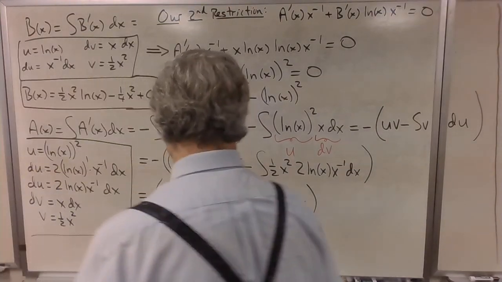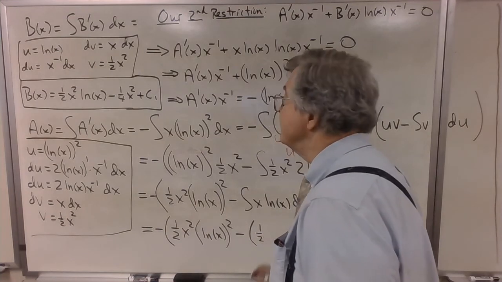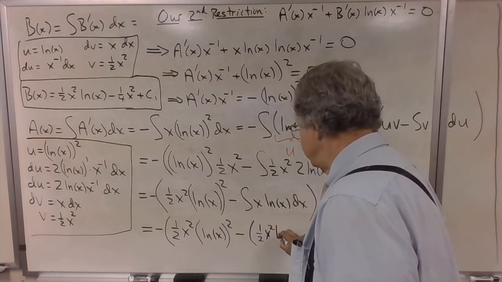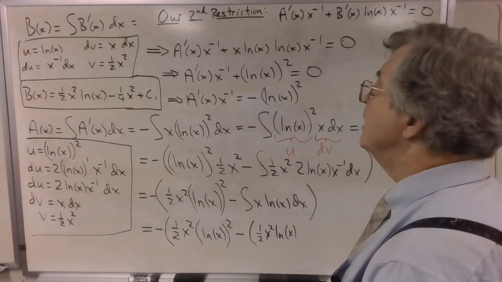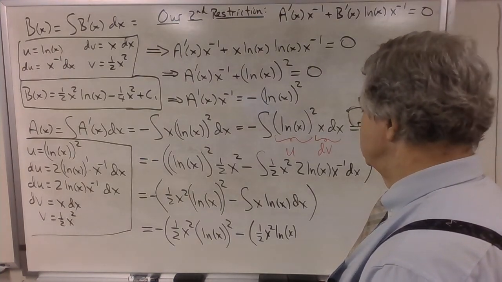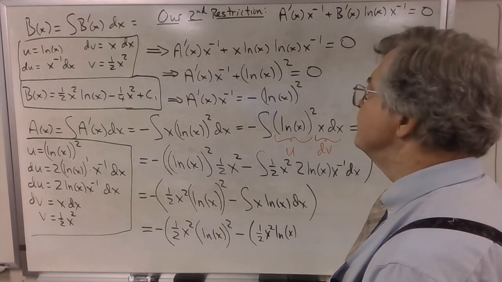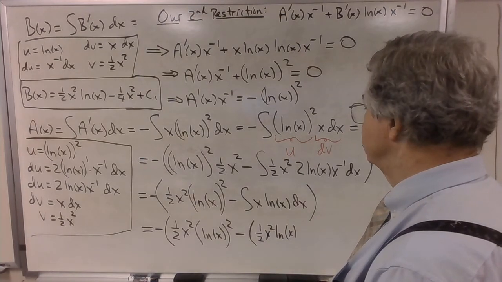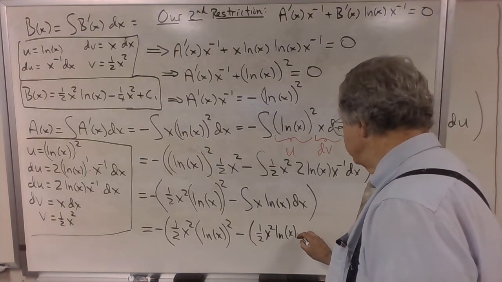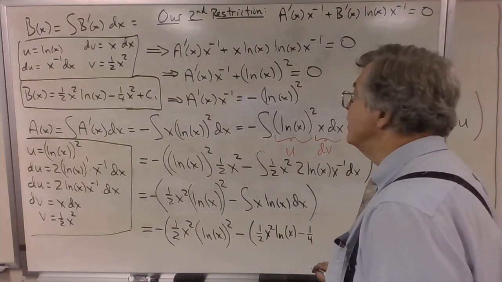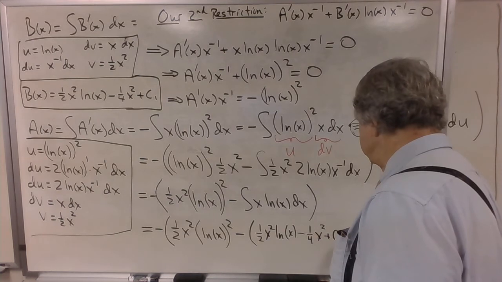So I have minus quantity, 1/2 x squared natural log of x, minus 1/4 x squared, plus c2.